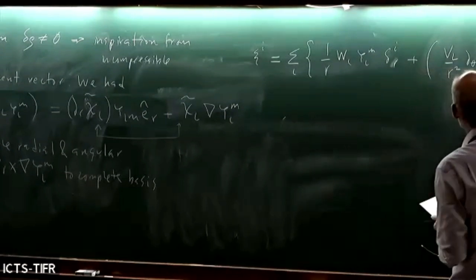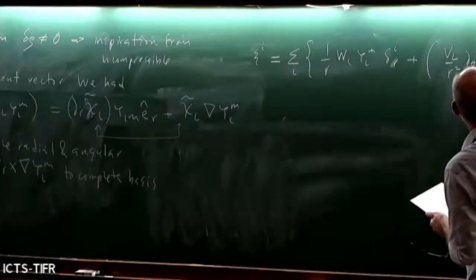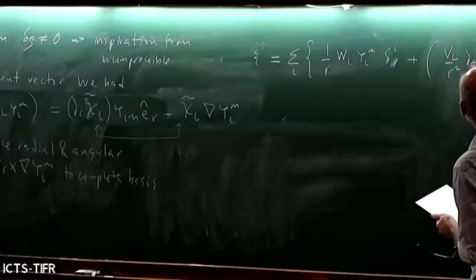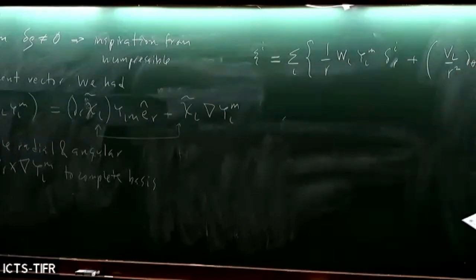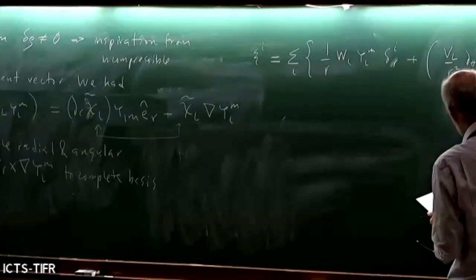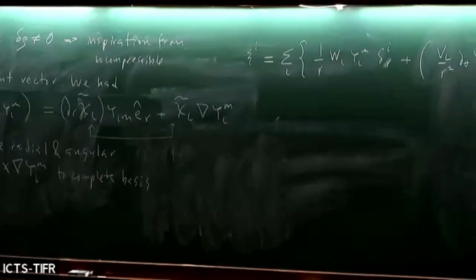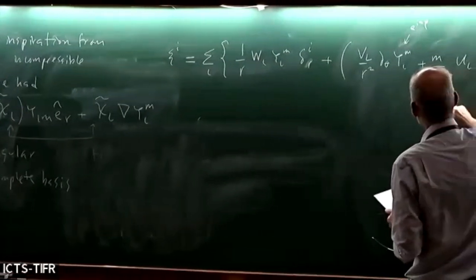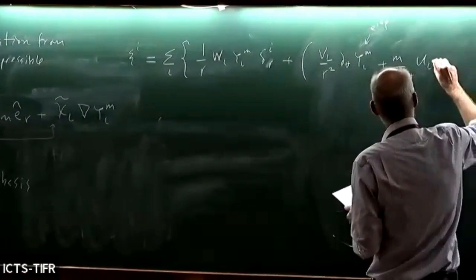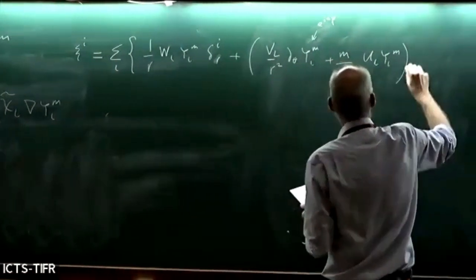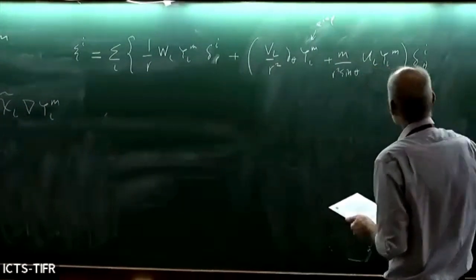But because these guys go like e to the i m phi, I know what the phi derivative is. It brings in this m. And then there's some signs. And then some function U. And that's the Y_LM. And then that's the delta_i theta.